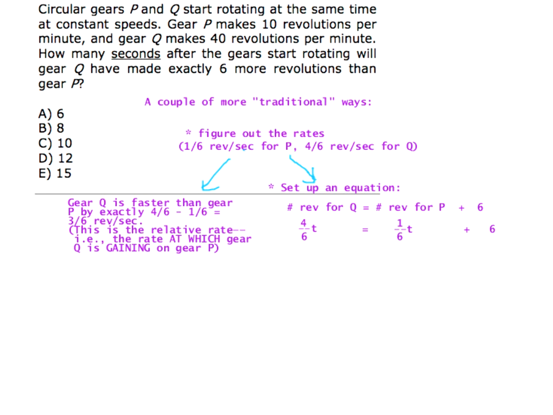But if you had cars traveling on a straight highway, that would be the rate at which car Q was getting further ahead of car P. So then you can just do 3/6 revolutions per second, and find how long it would take to achieve a margin of 6 revolutions at this rate. So that would be 12 seconds.